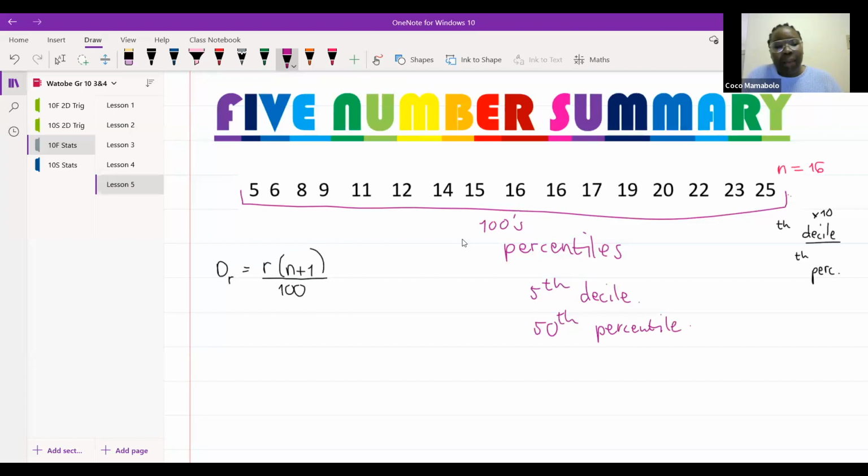Because if I break my information up into tens, 5 will be the same as 50%. The 6th decile would be, in percentage, the 60th percentile. Give me a thumbs up if this makes sense.